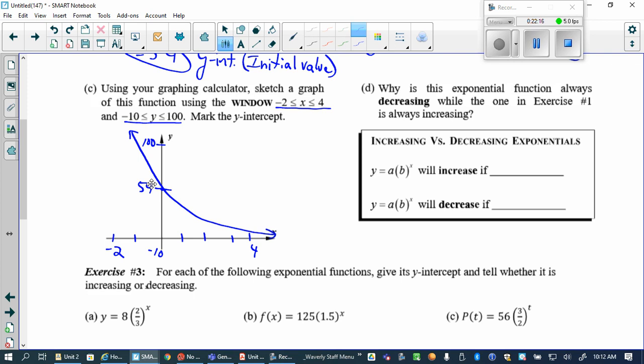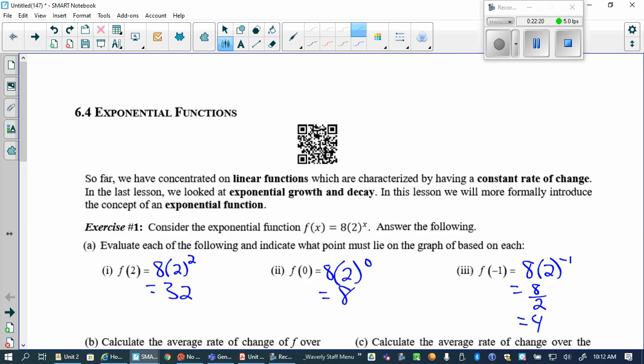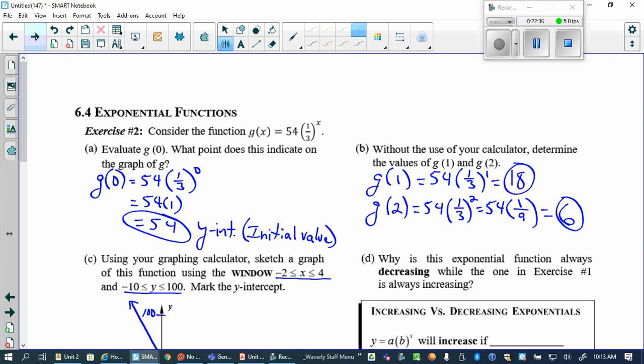Increasing versus decreasing. So let me go back to the first page real quick. This function here was growth, right? What part of the equation makes this growth? The 2, right? As compared to what part of the equation makes this decay?